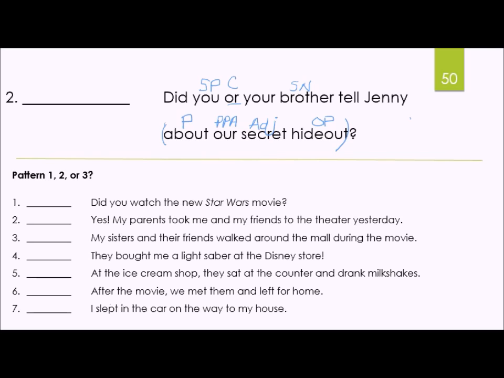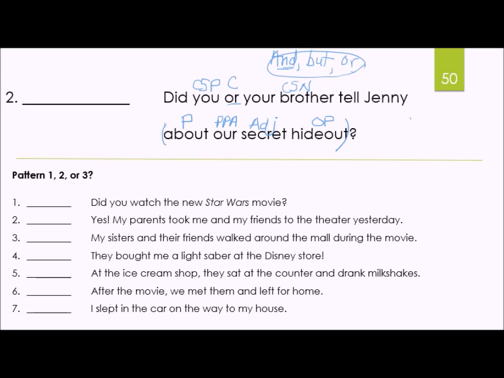Remember that the most common conjunctions are and, but, and or. We see and a lot, but sometimes you'll see these other ones. So here we have or. So you know that when you have a compound subject, you've got to put your C in front of these labels: compound subject pronoun, compound subject noun.